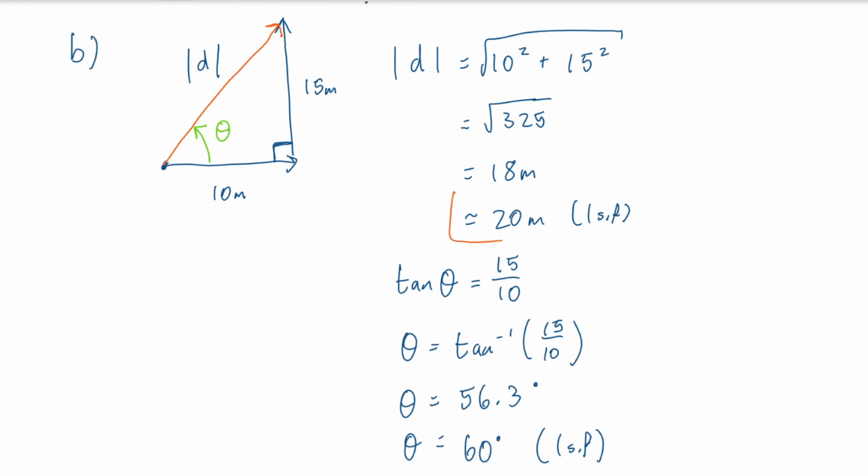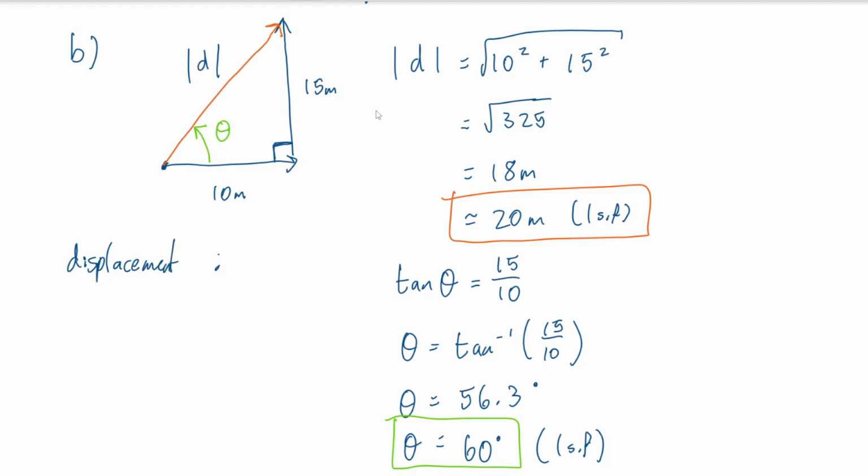So we've calculated the magnitude, we've calculated the angle, so we can put it together with our final answer. So we would say displacement is 20 meters, 60 degrees, counterclockwise from horizontal.